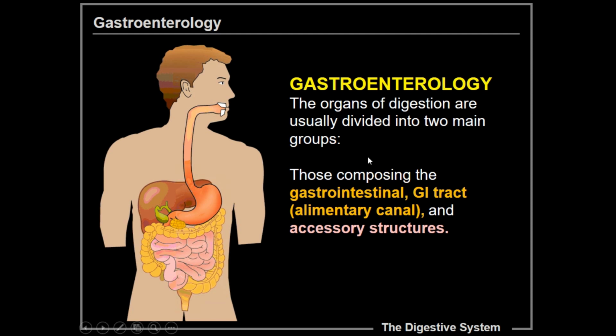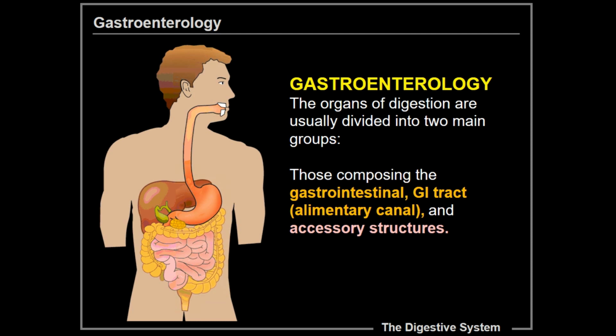All right, so again, these are the organs of digestion that are usually divided into 2 main groups. So here's where we're going to start talking about the additional structures that we will see. The 2 main groups are going to be what is referred to as the gastrointestinal tract, or sometimes called the GI tract for short. In some resources, you will see this referred to as the alimentary canal. And basically, this is the pathway.